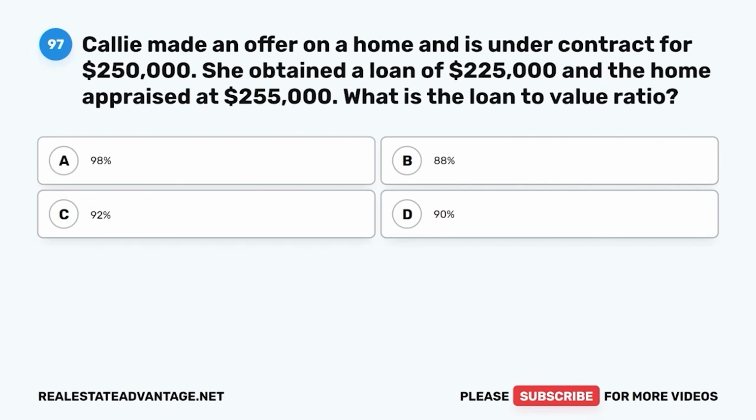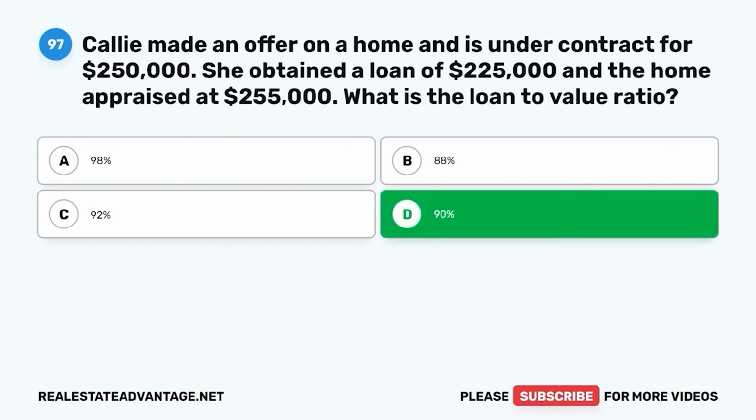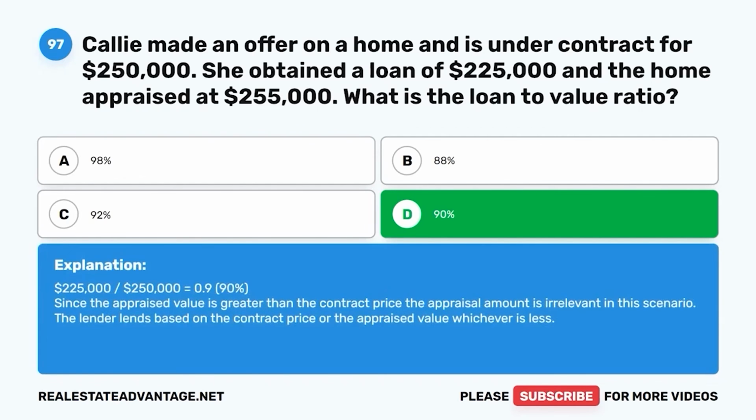D. 90%. The correct answer is D. 90%. $225,000 divided by $250,000 equals 0.9, 90%. Since the appraised value is greater than the contract price, the appraisal amount is irrelevant in this scenario. The lender lends based on the contract price or the appraised value, whichever is less.